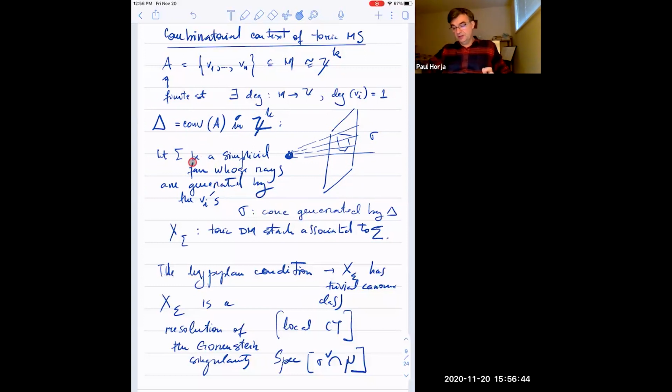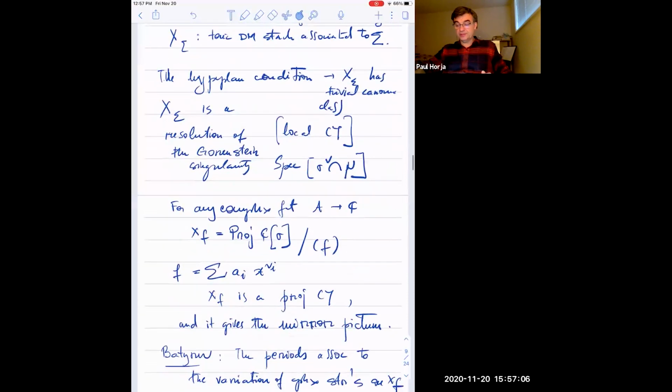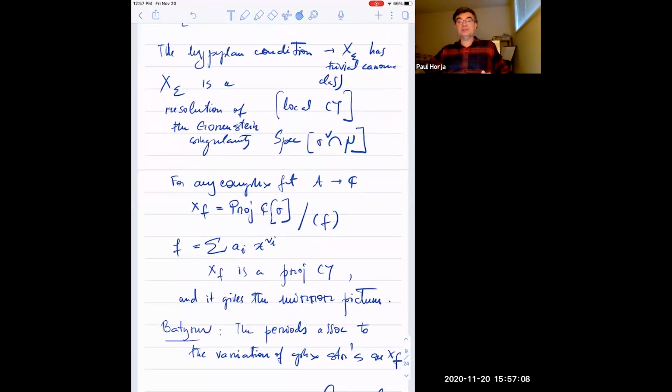Then we call X the toric stack, and it turns out that in this case it's going to be the resolution of a Gorenstein singularity, which is essentially given by the Spec of the dual cone.